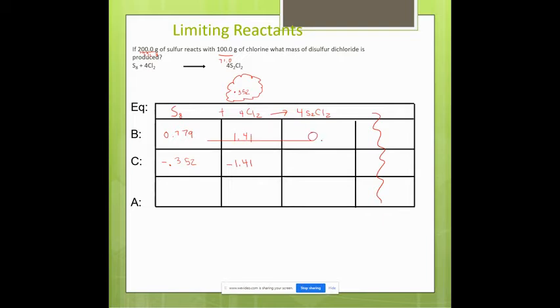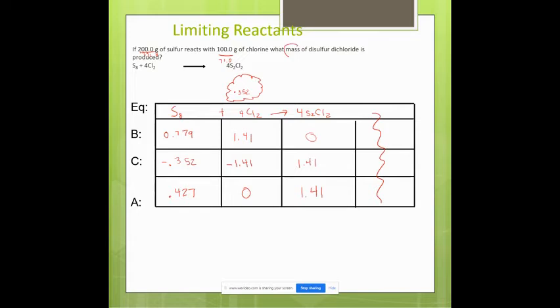Over here at the beginning of our reaction, we didn't have anything, so 0 for our amount here. Here we take this, we multiply by 4, we get 1.41. This we end up with 0. And here if we subtract, we end up with 0.427 moles.